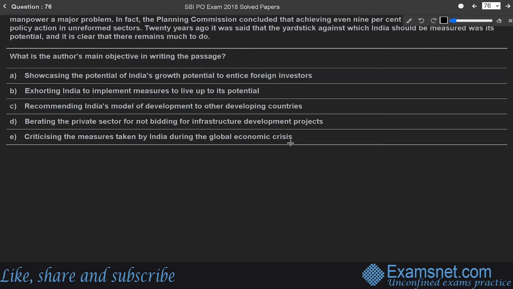Conclusions like the above from the paragraph clearly depict that the author is exhorting India to implement such measures through which it can live up to its potential. So we can say that the main objective in writing this passage is exhorting India to implement measures to live up to its potential. Therefore, the correct option is option number B here.